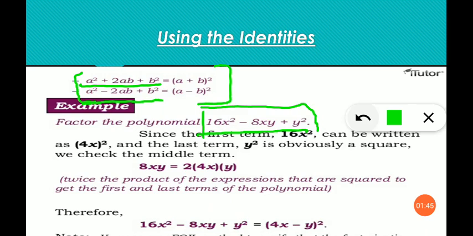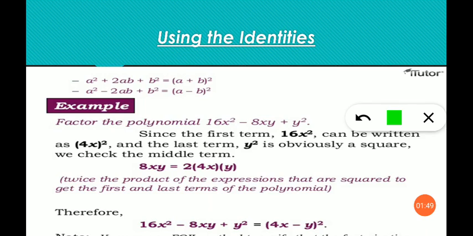Now we will look at the first term only. The first term is 16x square, which we can write as 4x whole square. Now the last term is y square, which is already a square term. Now we have to think about the middle term.